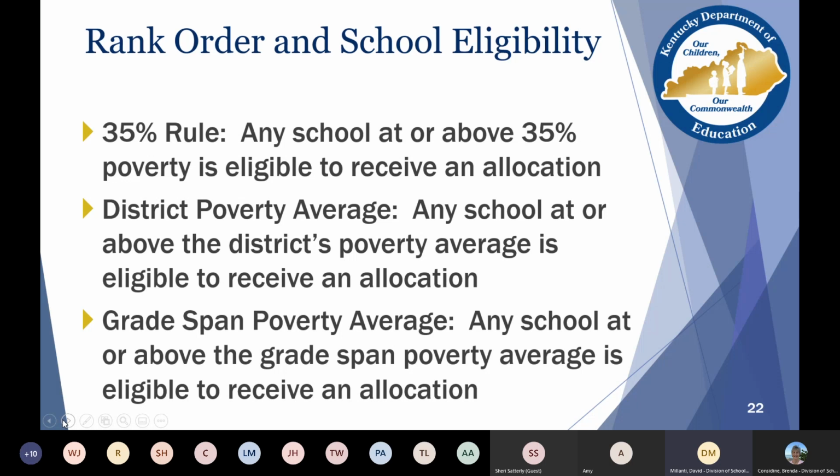They can, at that point, make the decision to stop at that 50% level and not serve anybody below that. So there are lots of caveats like that in Title I Part A that we're not necessarily going to address all of them, but that I think is an important one to know.